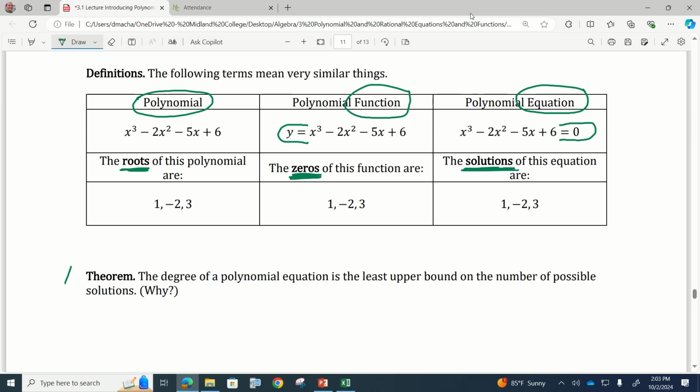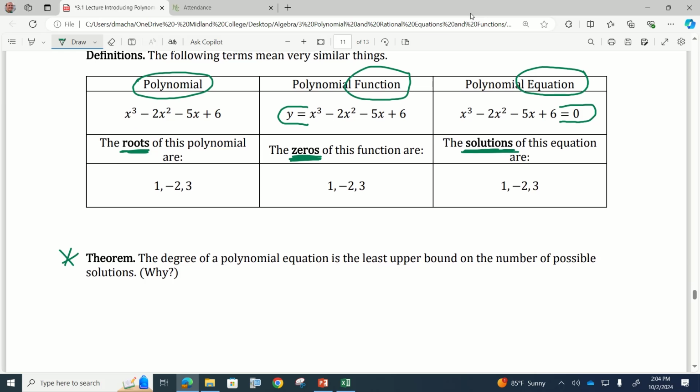The next thing that it says down here is the degree of a polynomial equation is also the least upper bound on the number of possible solutions. Normally, if I see a polynomial equation that looks like this, I don't know what the solutions are just by looking at it, right?